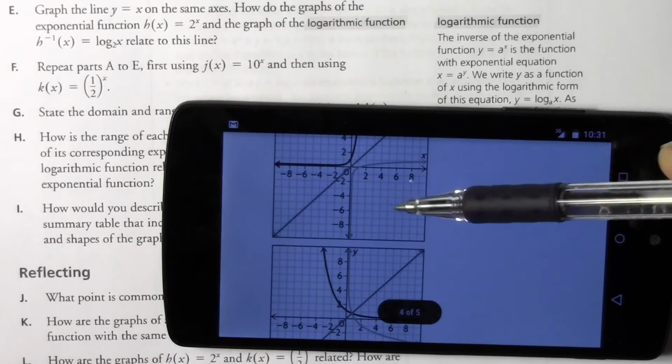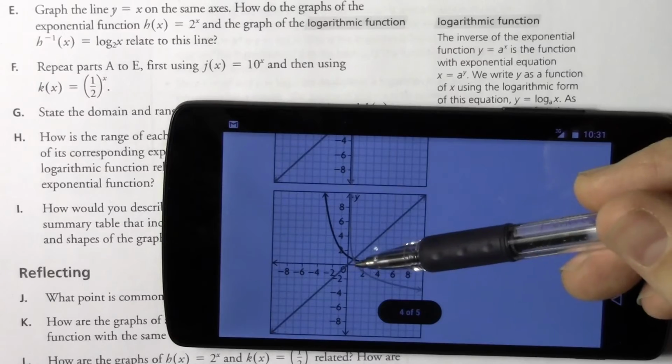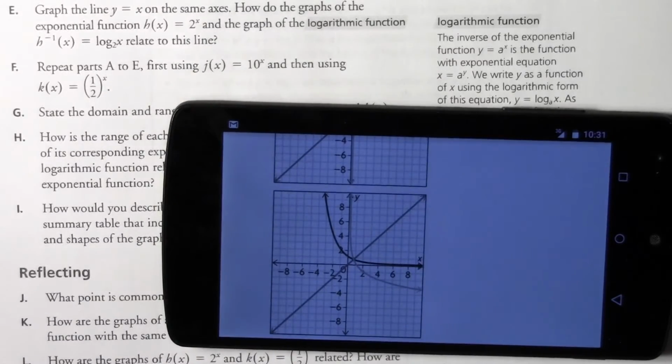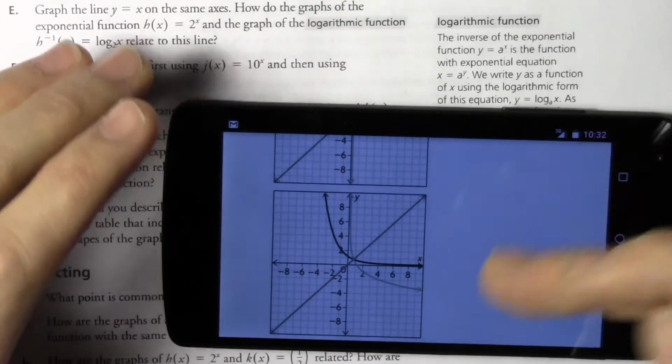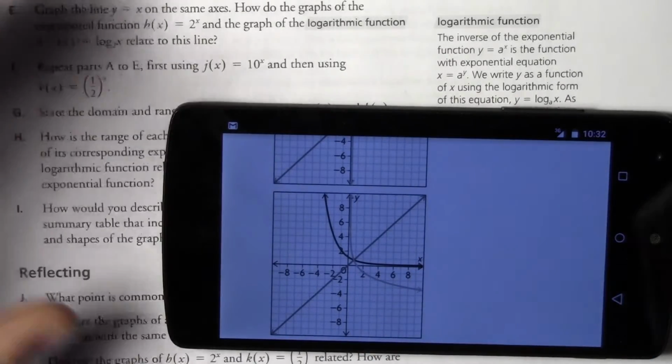X is equal to 0. Right. And you see how it's the same? So we can say conclusively that for all exponential functions, there's a horizontal asymptote at y equals 0. And for all inverse functions or logarithmic functions, there's a vertical asymptote at x equals 0. Okay? So that's one conclusion.